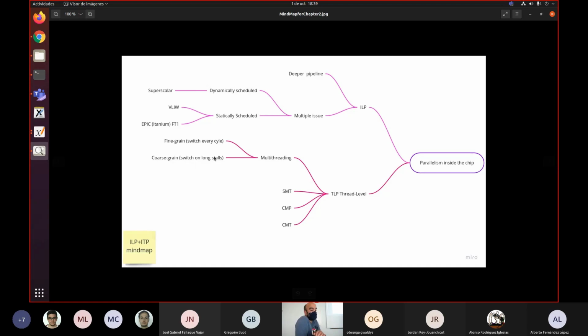So every time you know that you are going to stop for a while because you have a memory access out of the chip of the processor, then you can switch to another thread to do useful things in the meantime. Simultaneous multi-threading is the key technology here, what you usually are going to find in most modern computers.